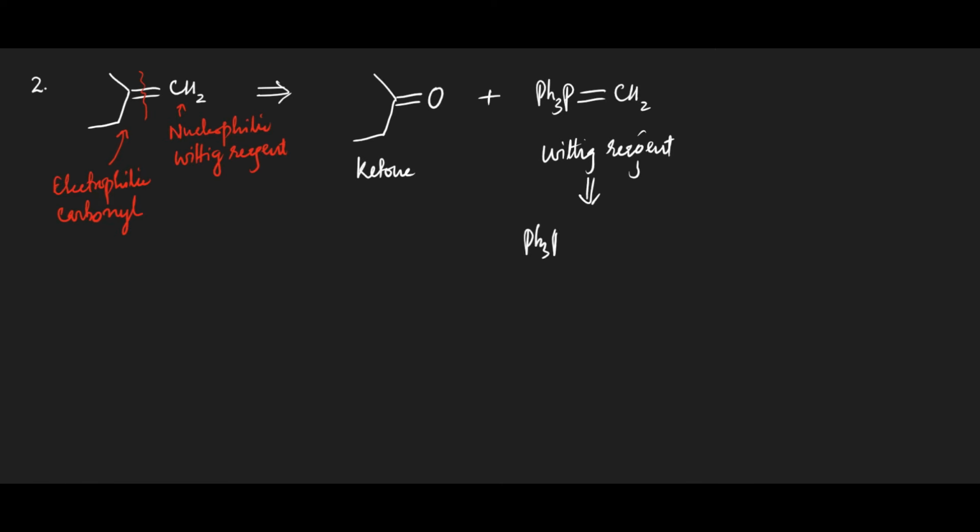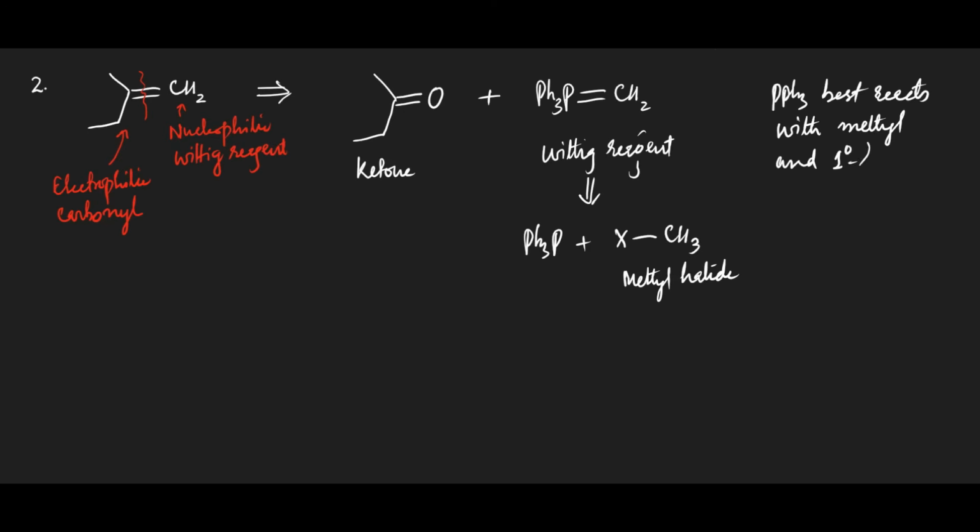The Wittig reagent in this case can be shown to be formed from the reaction of methyl halide and PPh3. We know that PPh3 best reacts with methyl and primary halides, therefore, pathway 2 is preferred over pathway 1.